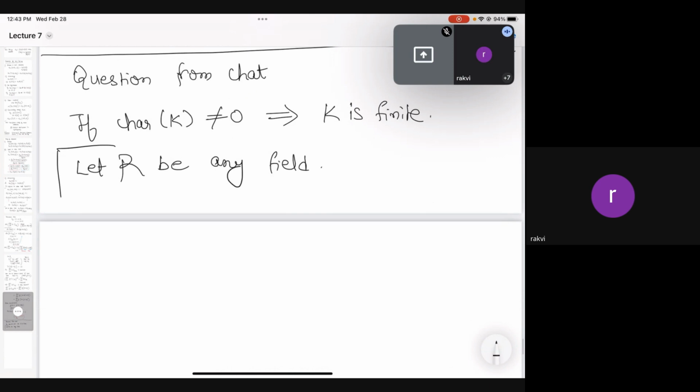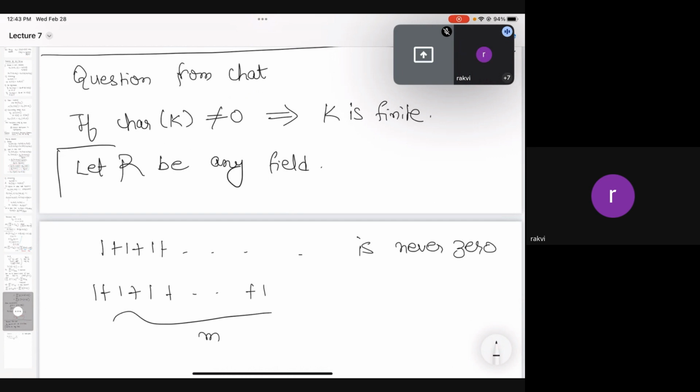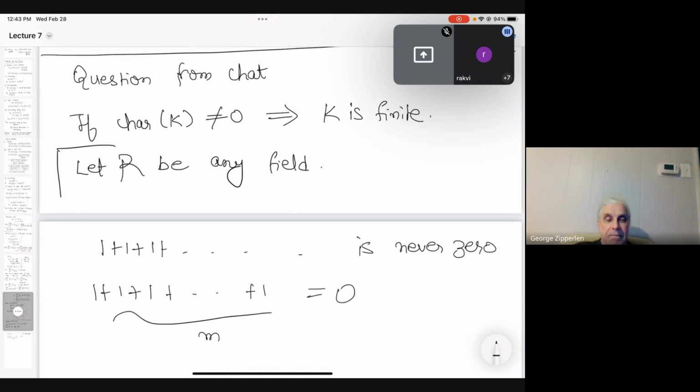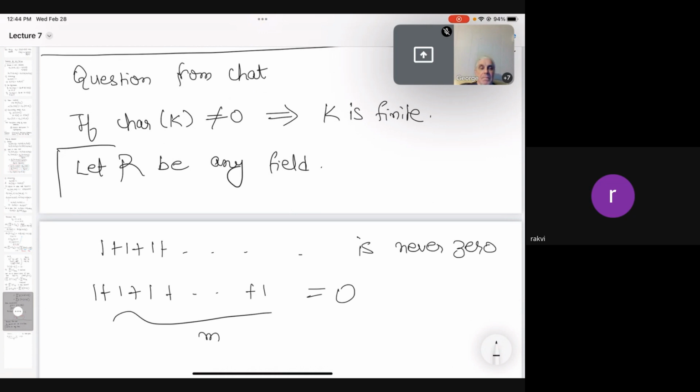Every field has one. Whatever is one of R, we can keep adding one to itself and we never stop; we never get zero. And the other situation is that you keep adding one to itself, and after a certain point you do get zero. These two are mutually exclusive and exhaustive.